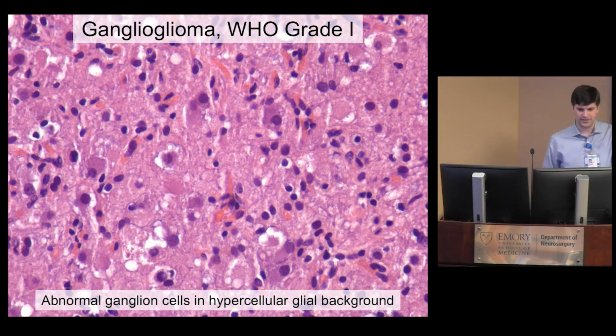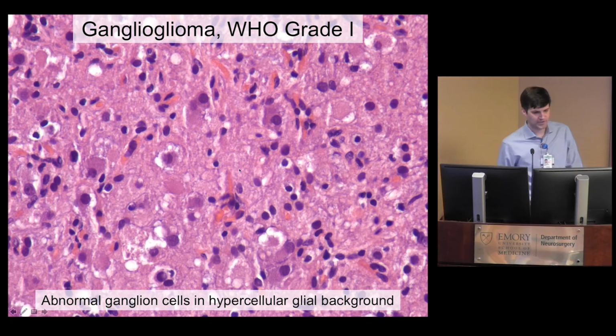So what do these things look like under the microscope? A ganglioglioma is a grade 1 neoplasm that's mainly typified by abnormal ganglion cells. So you'll see lots and lots of neurons scattered around, and they look ganglion cell-like. So that means that it has a rounded nucleus and a fair amount of plump cuboidal or rounded cytoplasm.